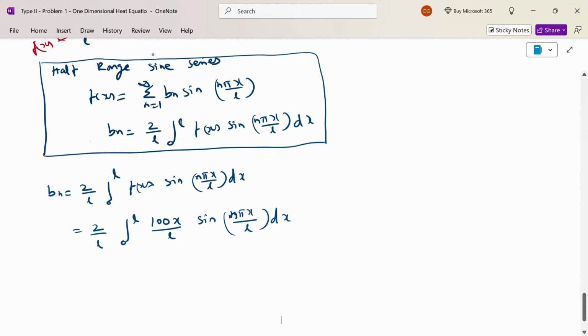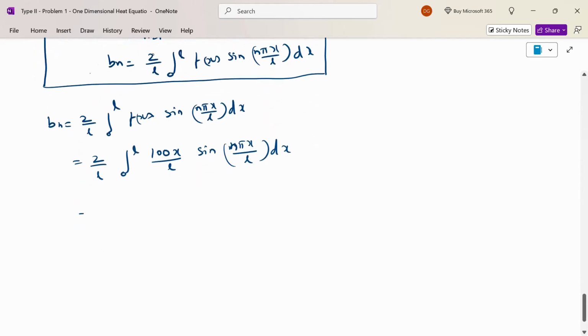Now the constant terms we take out: 100 and 2 give 200, and L times L gives L square, so bn equals 200 by L square, integral 0 to L, x sin n pi x by L dx.